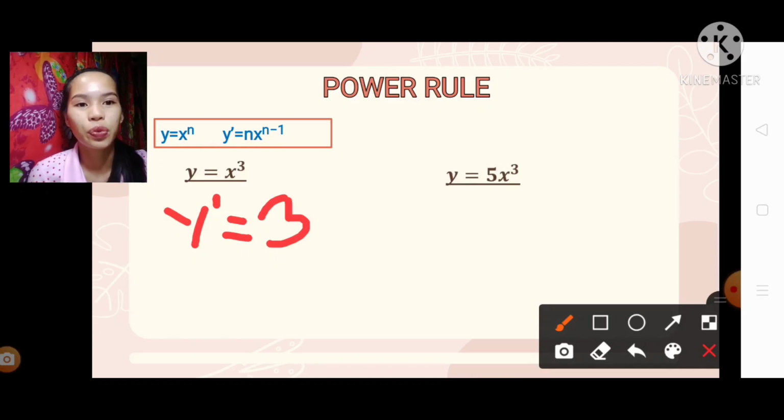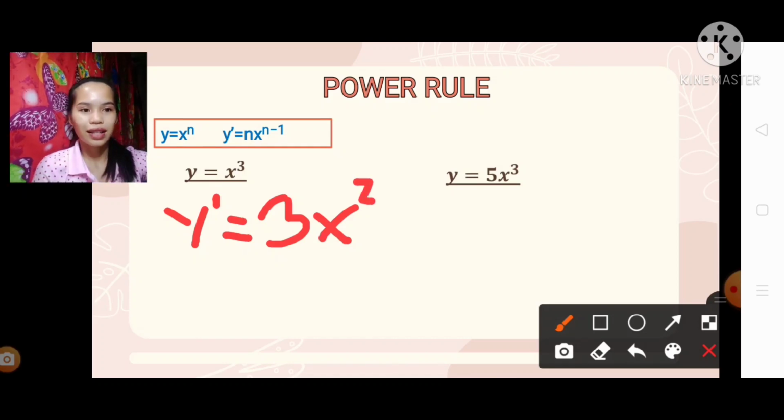Then 3 minus 1, because in the power rule it is n minus 1, so we subtract 1 from 3, and 3 minus 1 is 2. x squared. So that's the final answer.